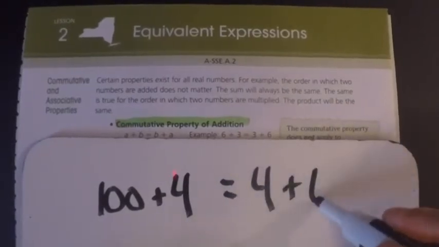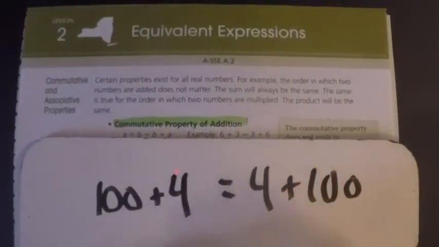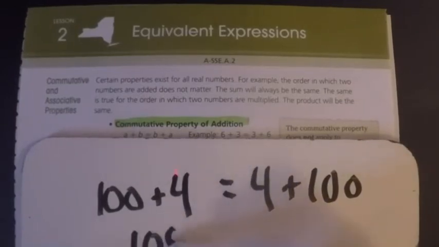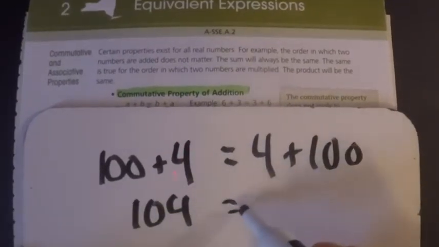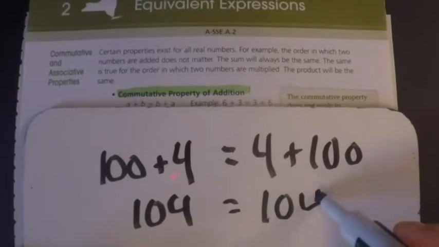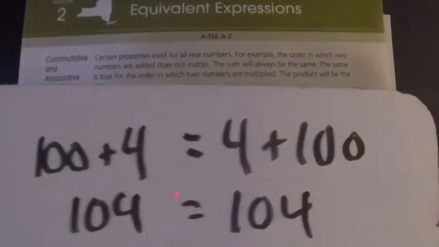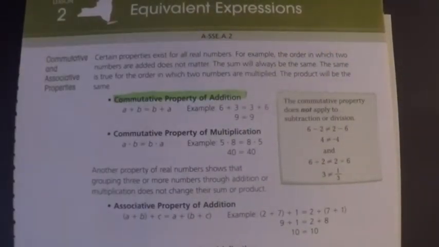We could throw in there, say 100 plus 4 is going to be equal to 4 plus 100, right? Because 100 plus 4 is equal to 104, and 4 plus 100 is still 104. So again, the commutative property of addition is that order does not matter.